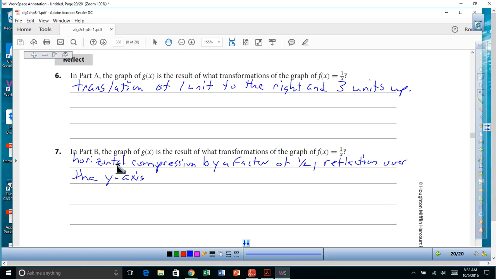A translation, 2 units to the right, and 2 units down. Great. All right.